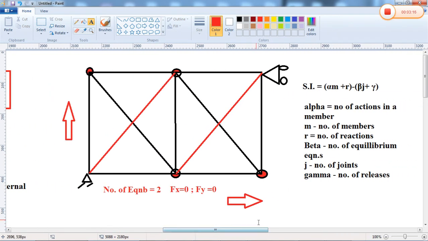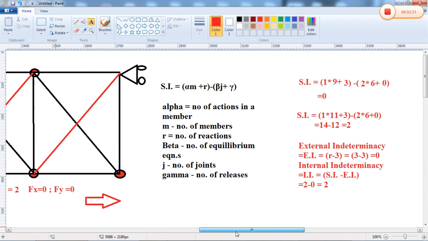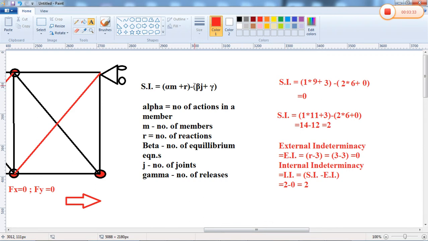Now let's come to the trusses. In a truss, if this is without these red cords, then static indeterminacy would be determined by the same formula.